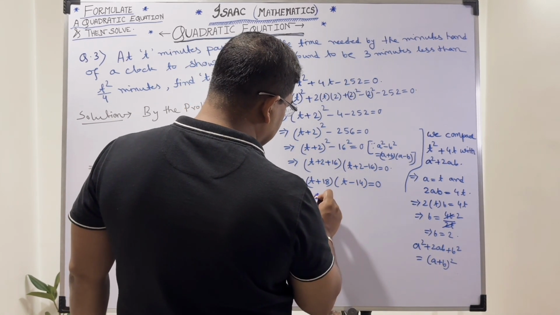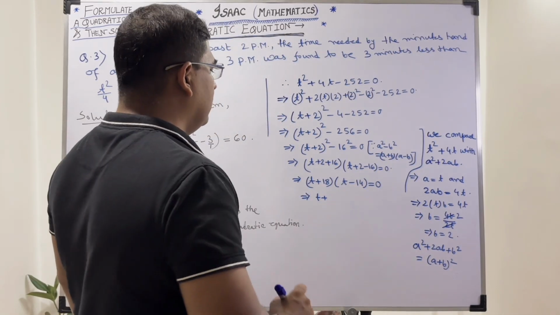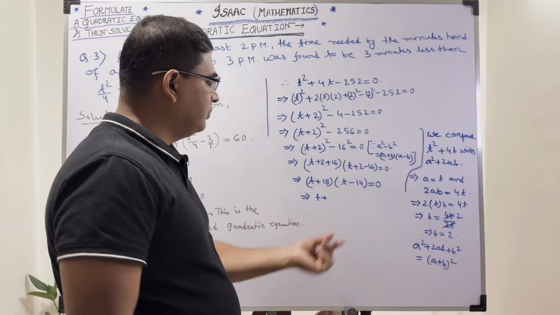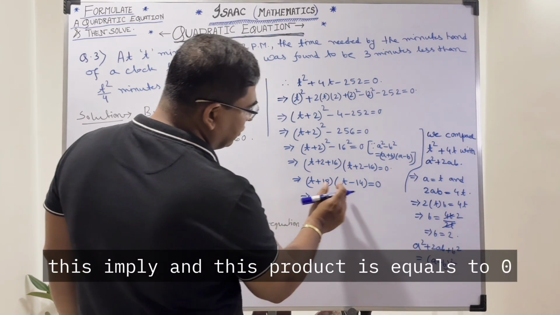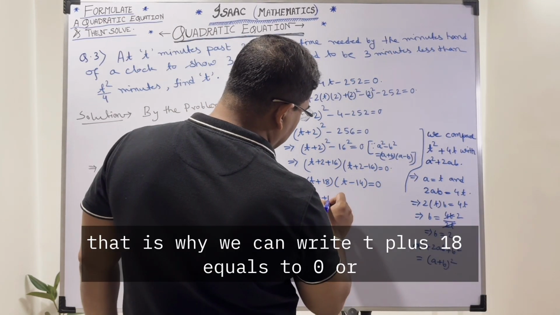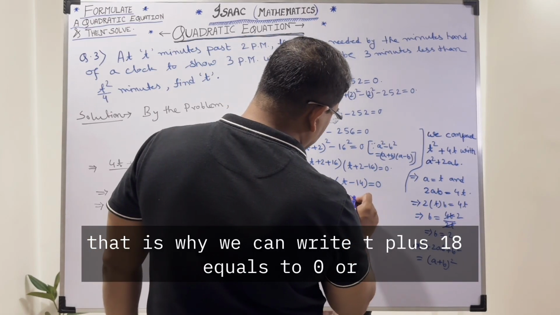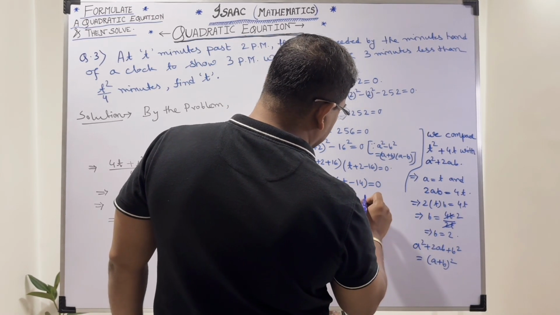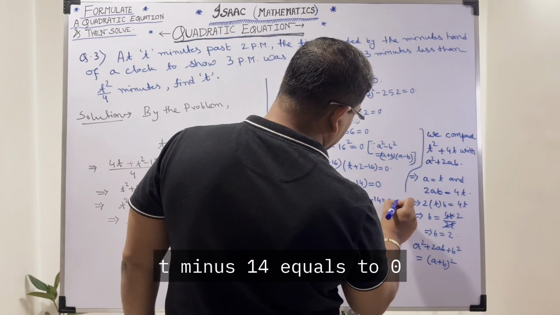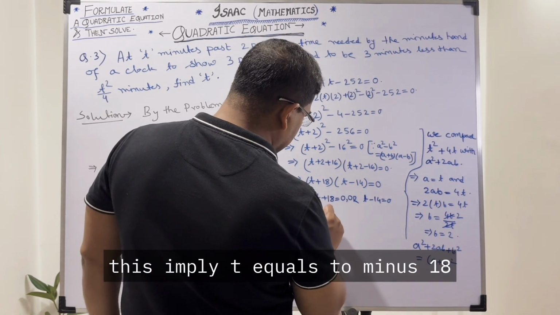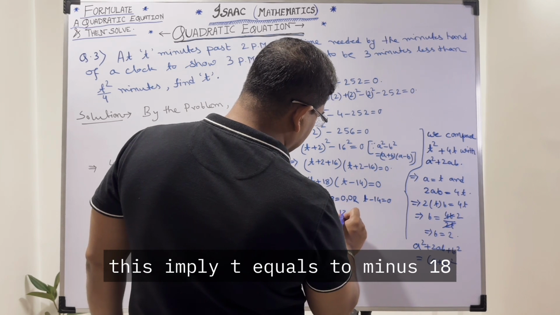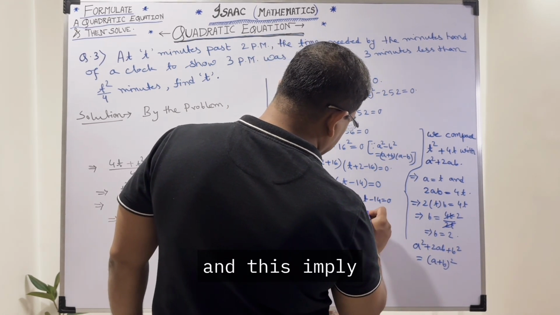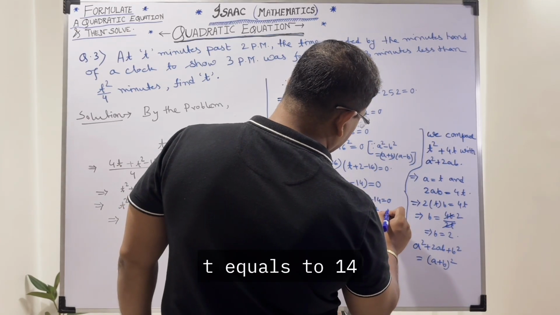This implies, so this quadratic equation becomes the product of these two, and this product is equal to 0. That is why we can write t plus 18 equals to 0 or t minus 14 equals to 0. This implies t equals to minus 18, and this implies t equals to 14.